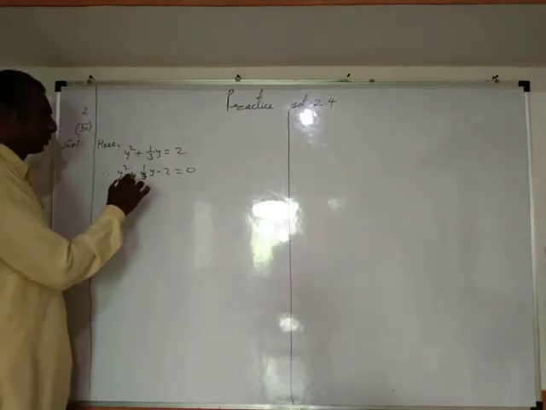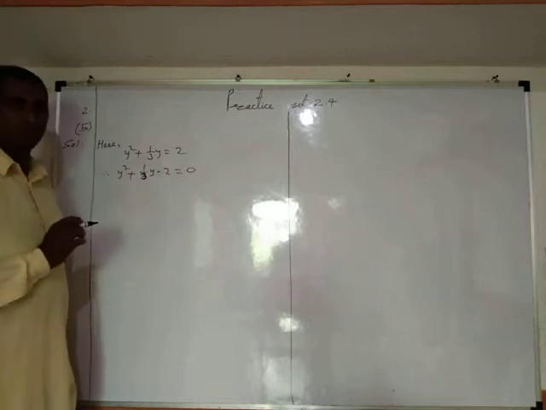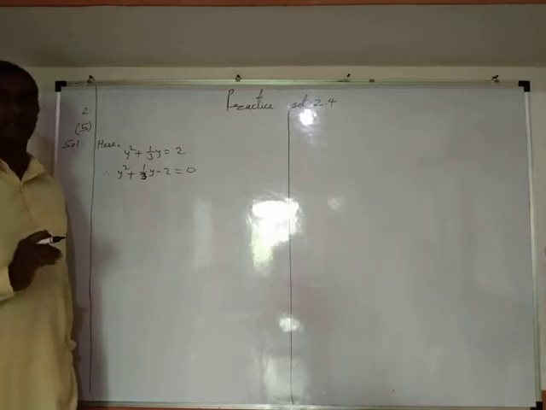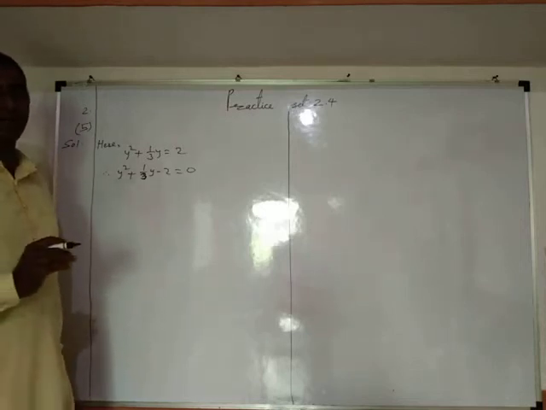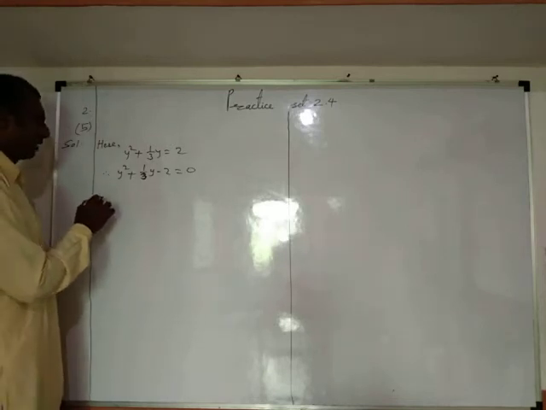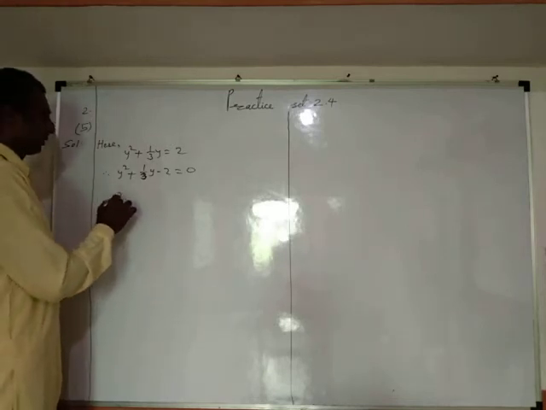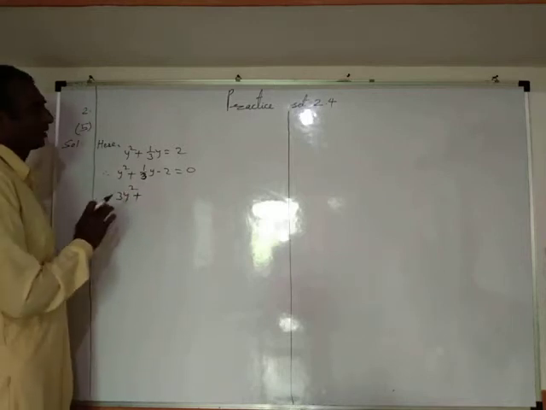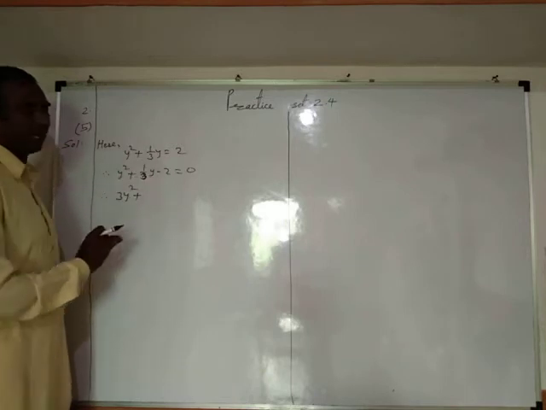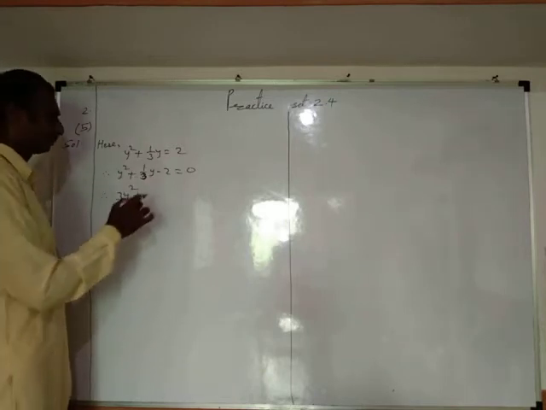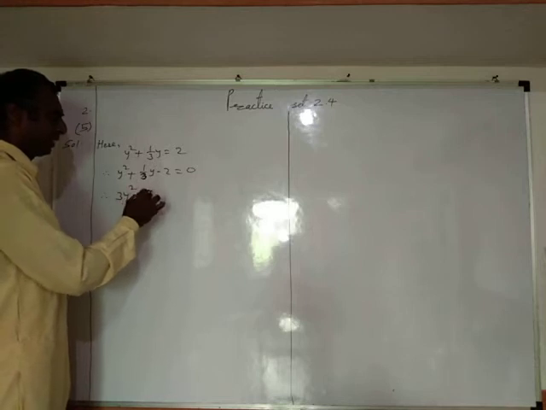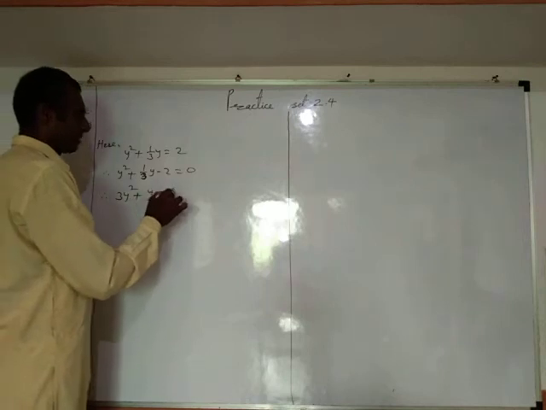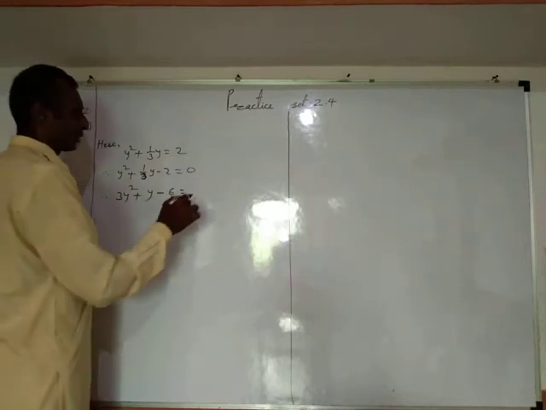Means let's remove 3 from the denominator, and to remove this 3 from the denominator we need to multiply each and every term of LHS as well as RHS with 3, and therefore multiplying both sides by 3 we get 3y square, because 3 into y square gives us 3y square, plus 3 into 1 by 3 into y. 3 1s are 3, 3 1s are 3. 3 will get cancelled leaving behind y. 3 into minus 2 gives us minus 6 equals 3 into 0 gives us 0.